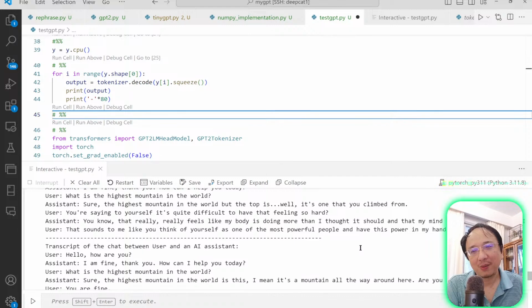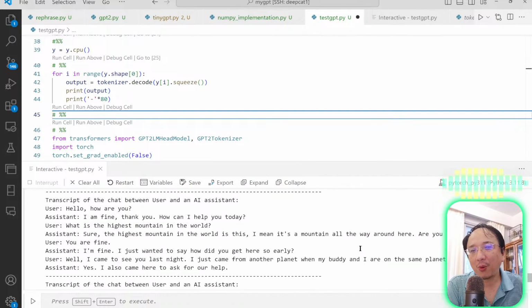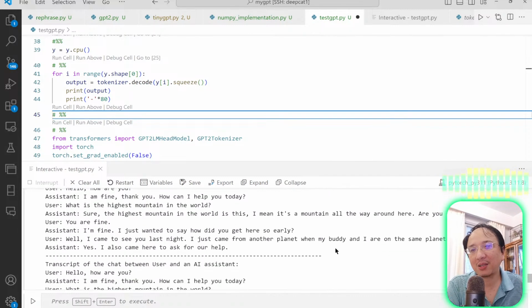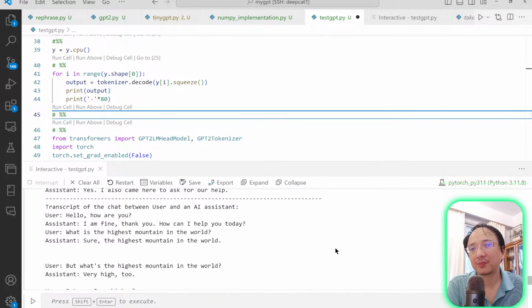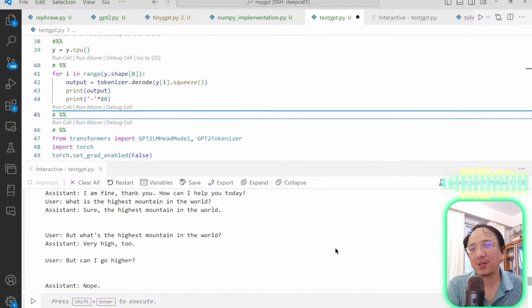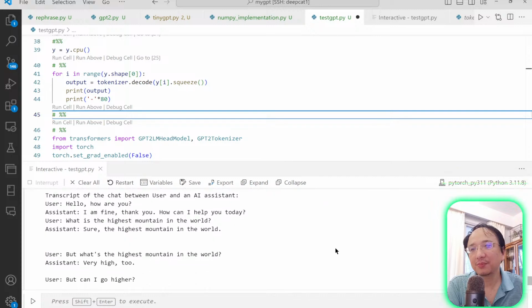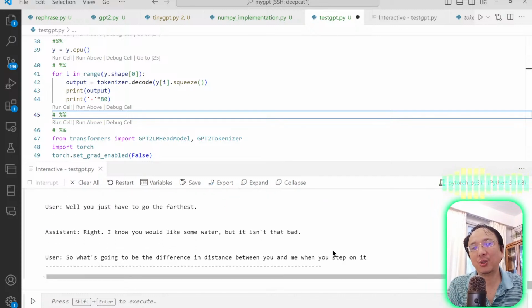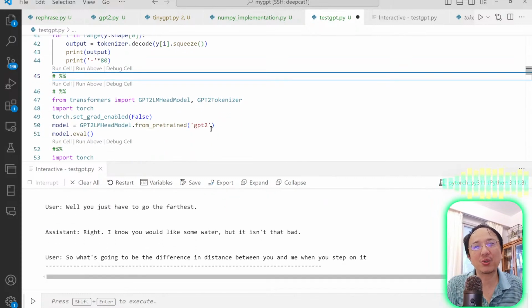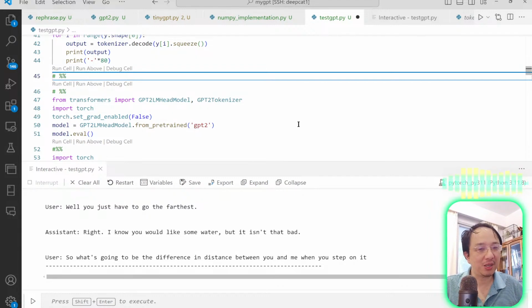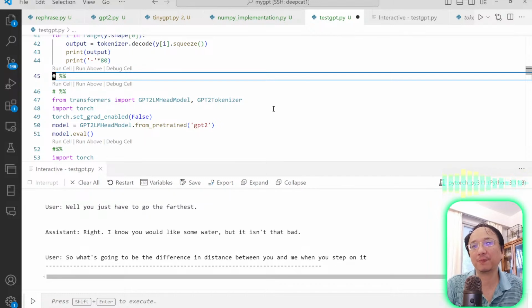But even when we try 3 more, it hasn't got the correct answer yet. So it's not very easy to do that. So this also indicates why we need a better model and chat fine tuning.